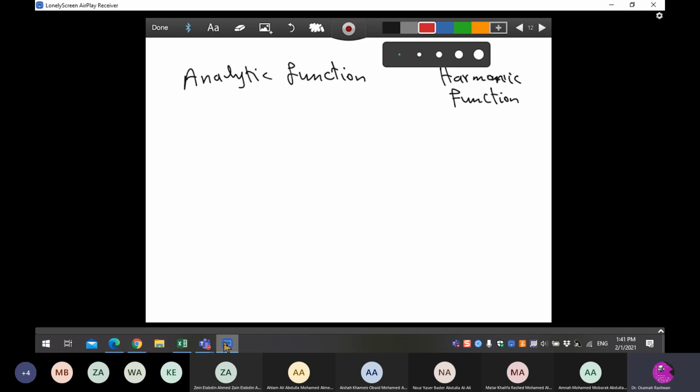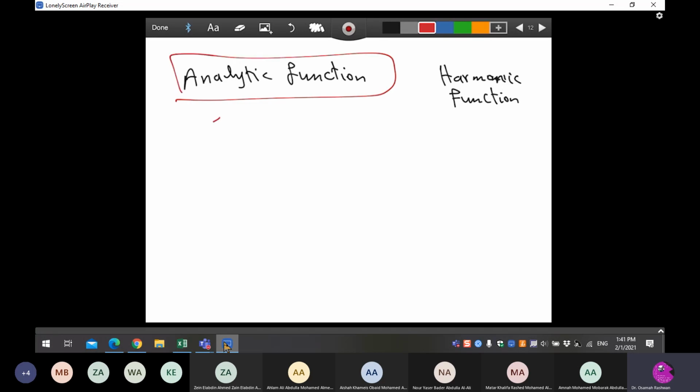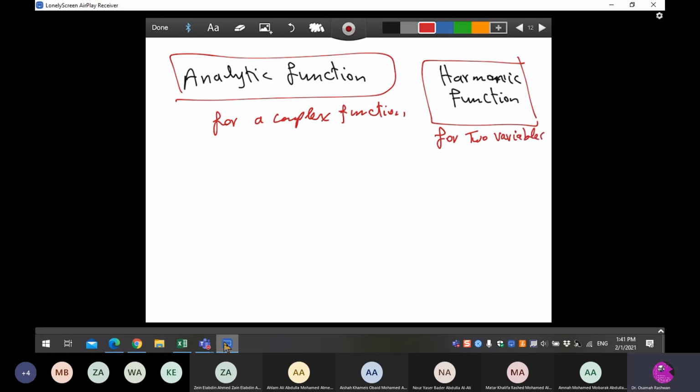But the analytic function is for a complex function, while the harmonic is for real functions of two variables.